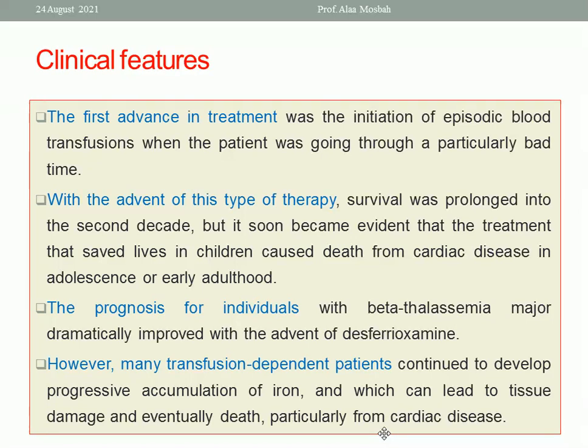So we have two improvements: blood transfusion and the availability of chelating agent drugs, either IV drugs or oral drugs. However, many transfusion-dependent patients continue to develop progressive accumulation of iron, which can lead to tissue damage and eventually death, particularly from cardiac disease.